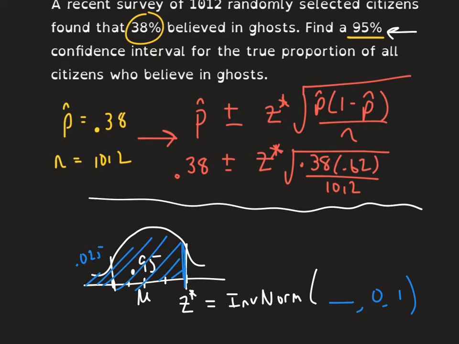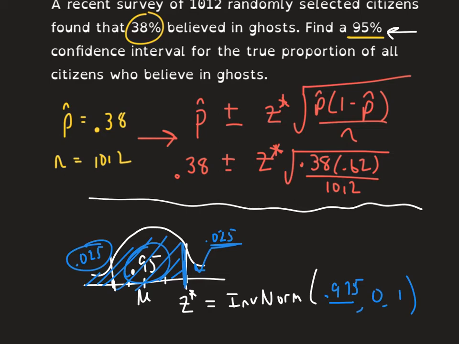There's 2.5% down in that little left tail, and there's 2.5% in this upper right tail. So the area to the left here is this 95% plus 2.5 more percent. So it's actually 0.975. It's basically everything except that little 2.5%. That's why it's 97.5%.